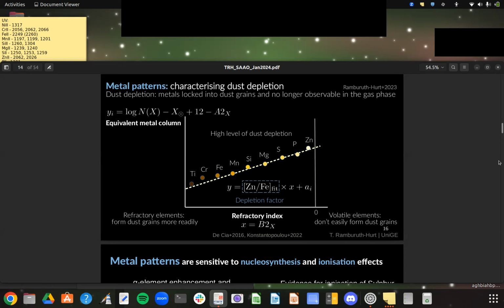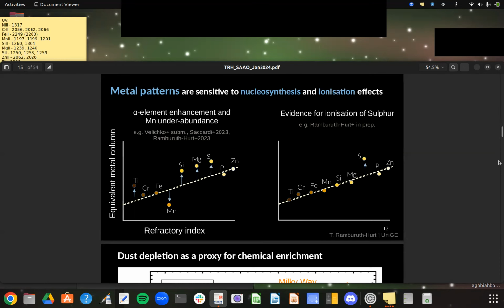So in real life, these obviously don't always line up very nicely like this. And we can get these deviations from this straight line. That can be due to things like nucleosynthesis effects and ionization effects. And that's a strong advantage of this method, that metal patterns are sensitive to nucleosynthesis and ionization effects.